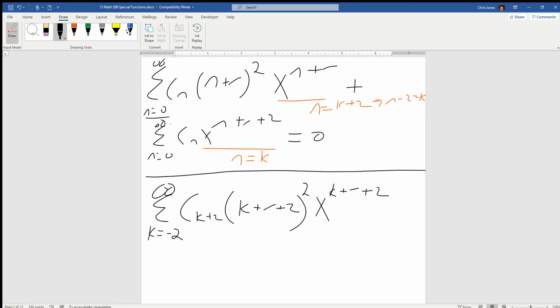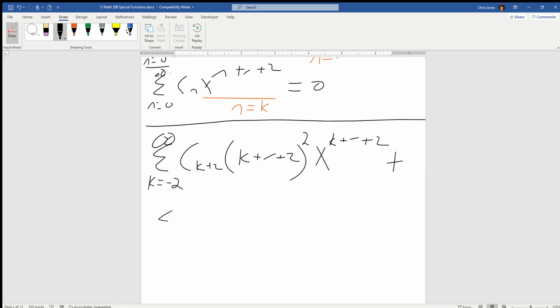So I just put k plus 2 in for all the n's, and I put k and r together. And then for the other series, that's going to be series k equals 0 to infinity, c sub k, x to the k plus r plus 2 equals 0.